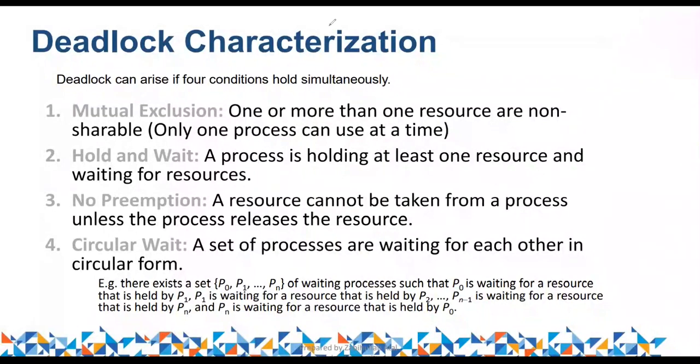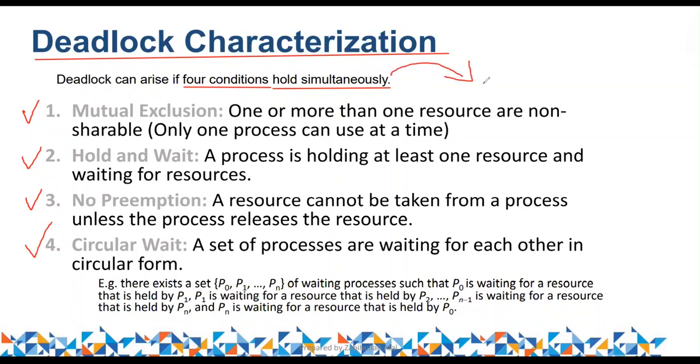The topic for today's lecture is deadlock characterization. In deadlock characterization, we will try to understand the four conditions. When these four conditions hold simultaneously, deadlock may or may not occur.